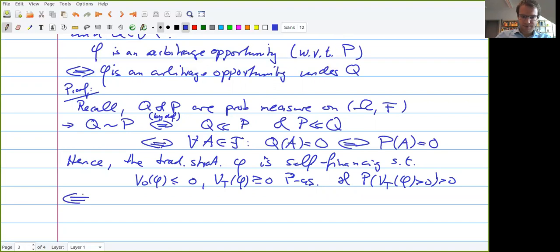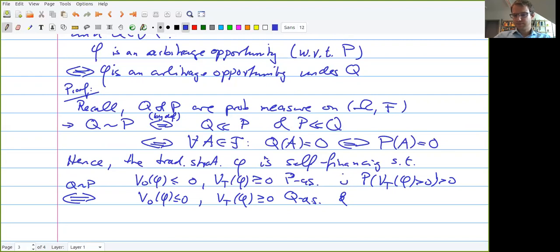This is now equivalent if Q is equivalent to P. If we replace here the P, because the null sets where this is not true are also null sets under Q, we can go over to the measure Q. And if an event has a positive probability under P, it also has to have a positive probability under Q, since they're equivalent.